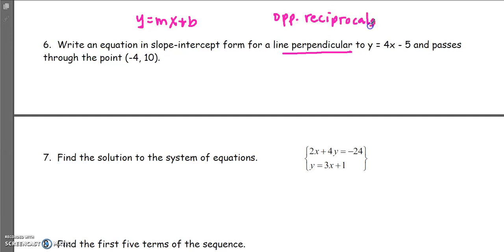So I need to know what my slope is of the original equation, and my slope is 4. So the opposite reciprocal of that is going to be a -1/4. So this is the slope I'm going to use. This is the point that it's going to pass through. So that means we are going to put it into point slope form.